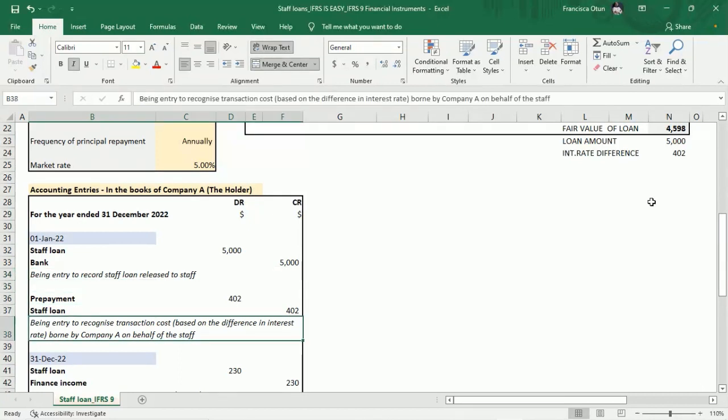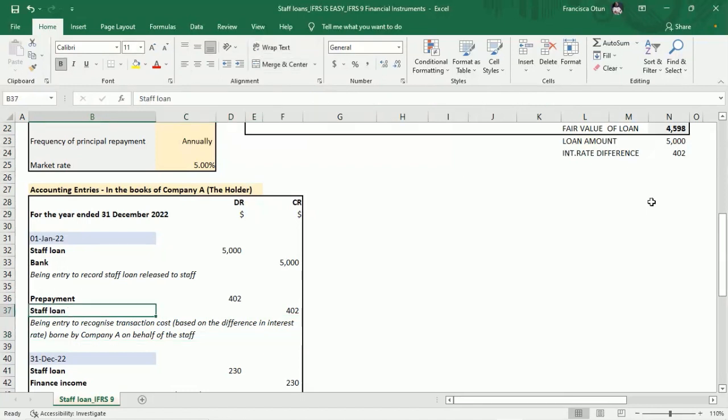Now because the company is bearing the interest rate difference, we have to reduce that staff loan by that difference. And so what we do here is we credit staff loan to reduce staff loan, and we debit a prepayment. Now the essence of the prepayment is because IFRS 9 says that transaction cost will be amortized systematically over the period of the contract.